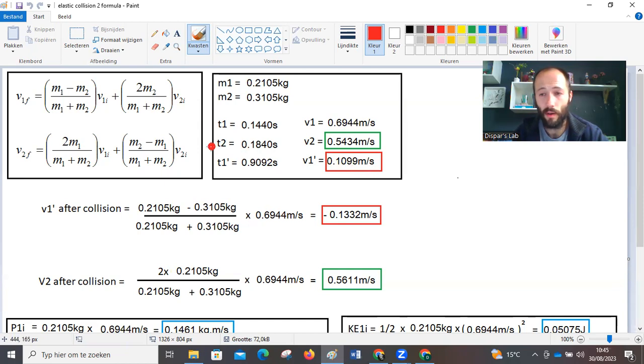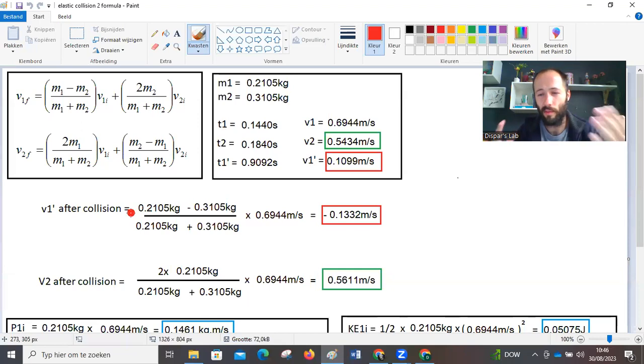All right, so now we're going to use this formula to theoretically predict what the velocities will be after collision. So we need this one: mass one minus mass two divided by mass one plus mass two times the initial velocity of part one, which is v1 prime.